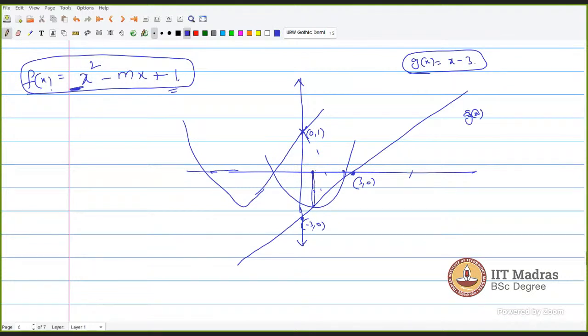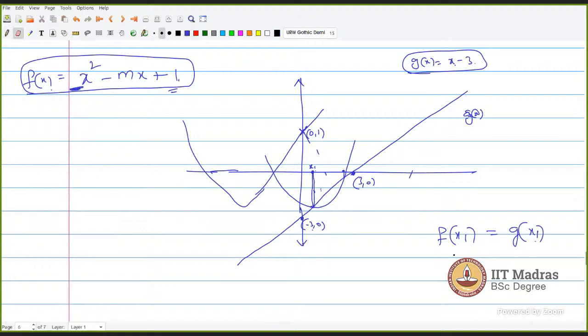So my g of x value and my f of x value take the same value at this particular x. When I substitute x1 in this function and in this function, my f of x1 is the same as g of x1. So this shouldn't happen.